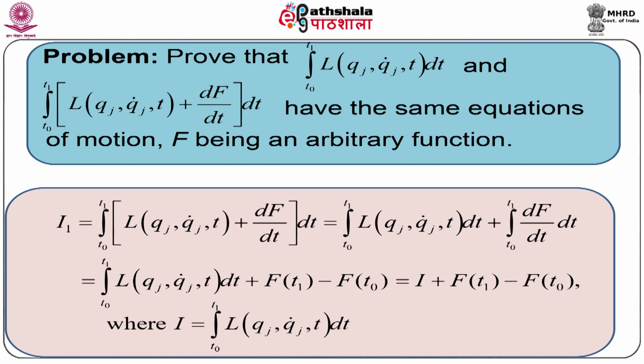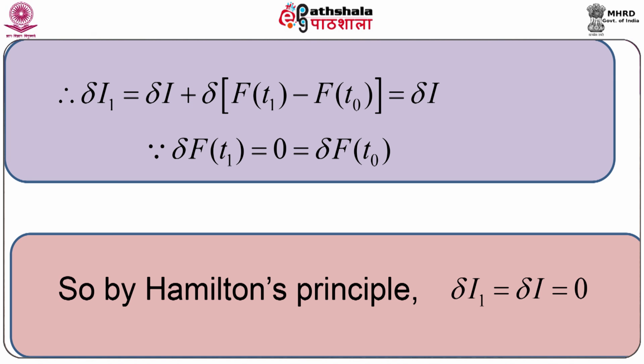where capital I is given by I equal to integration t0 to t1 L function of generalized coordinate qj, generalized velocity qj dot and time t dt. So, delta I1 equal to delta I plus delta operated on the difference of capital F at the point t1 and capital F at the point t0.